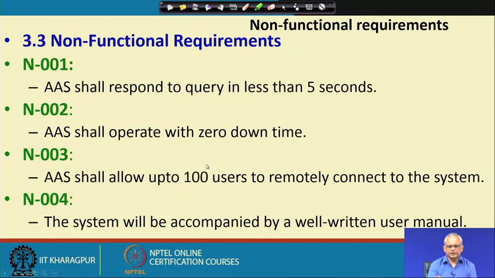And then the non-functional requirements, again we give a number to each for traceability. It should respond to a query in less than 5 seconds. It should operate with 0 downtime, should allow up to 100 users to remotely connect to the system. The system should be accompanied by a well written user manual. So, these are non-functional requirements.